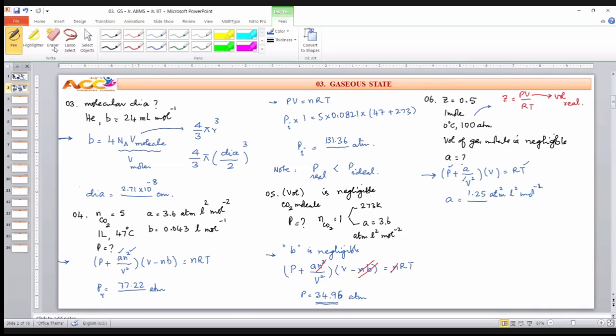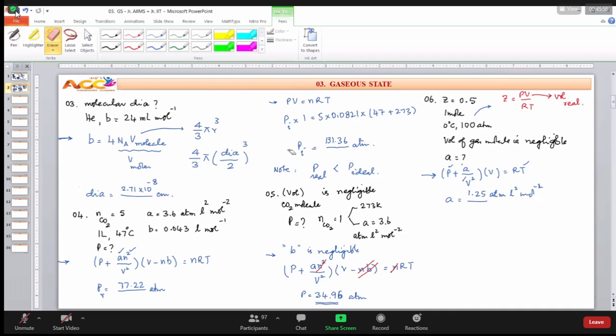The unit is atmosphere liter square per mole square. Correct?